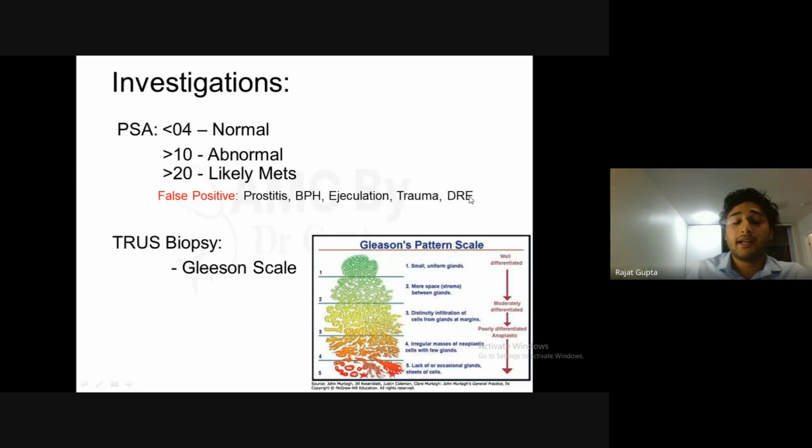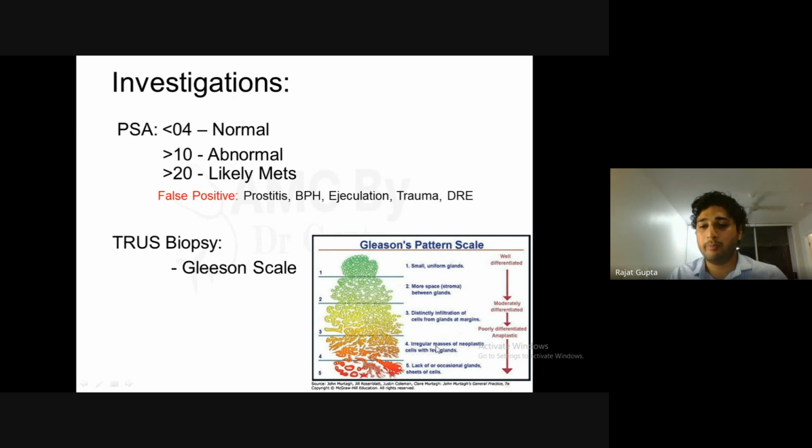To make the diagnosis, we go for transrectal ultrasound guided biopsy, and we take two samples and calculate the score as per Gleason pattern scale. So 1 is small uniform glands and 5 is typical of cancer and how bad the cancer is.